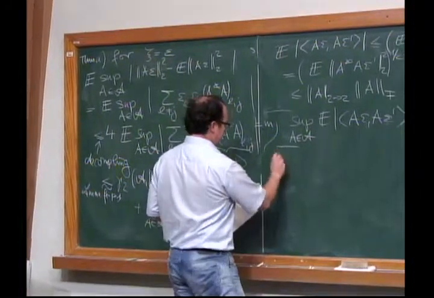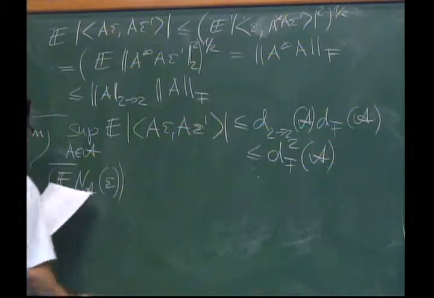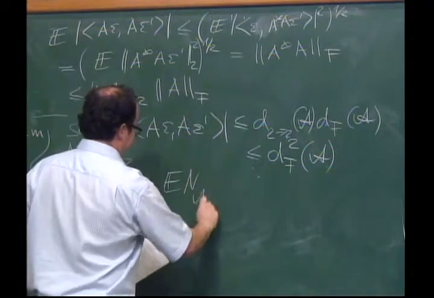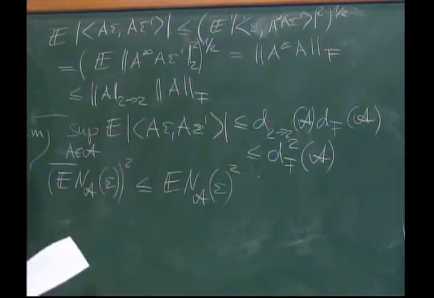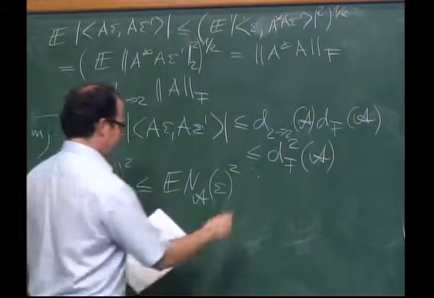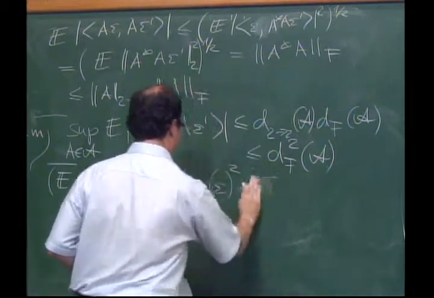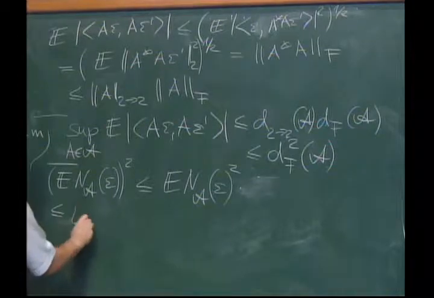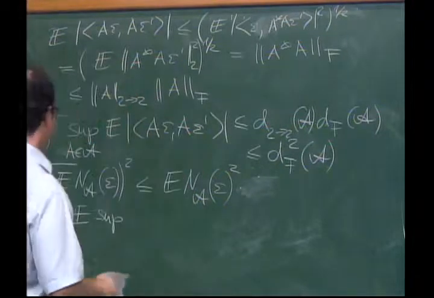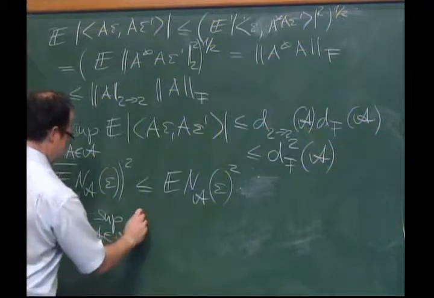So we get the expectation of that's less than, and this is actually, if you look at the definition, so we plug in the expectation of A epsilon in the 2 norm.